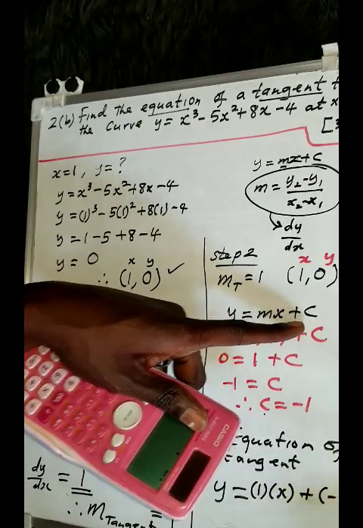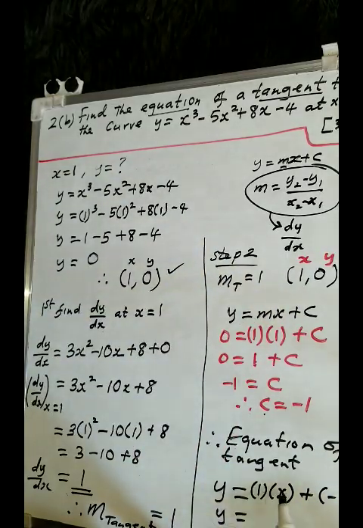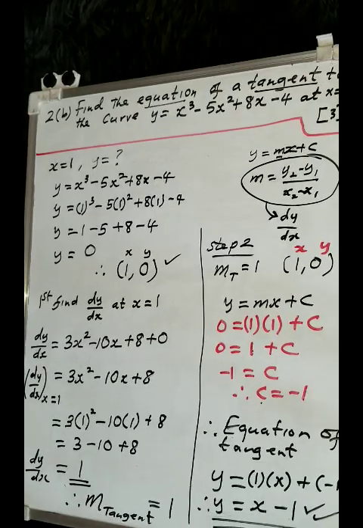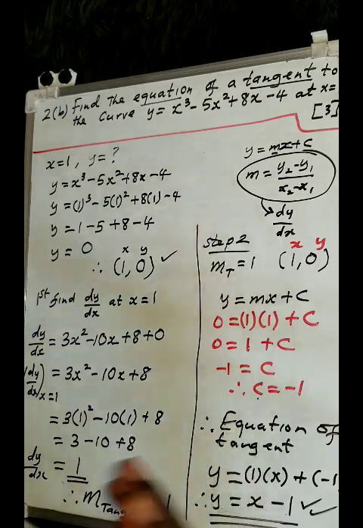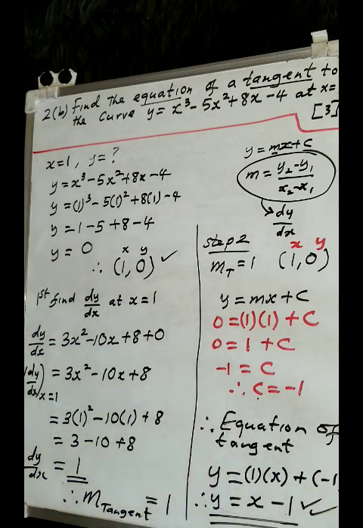Remember, it is negative 1. So it will be y is equal to 1 times x will just give you x, positive and negative will give you a minus 1. So this is actually your equation of the tangent. Remember, they can also tell you to find the equation of the normal. It is possible, but this is how you needed to do it.